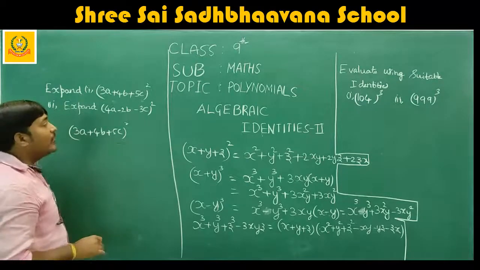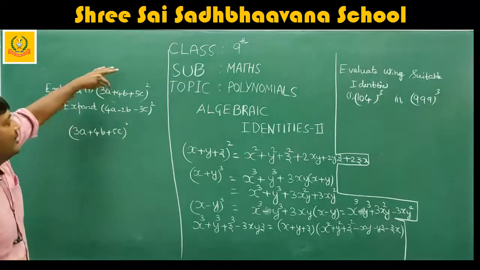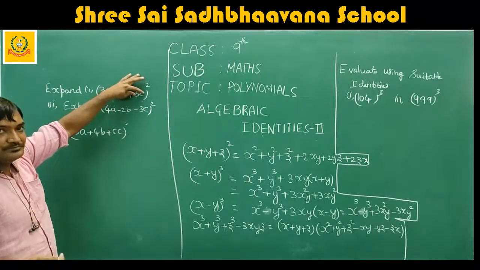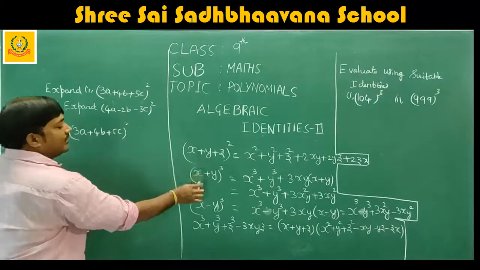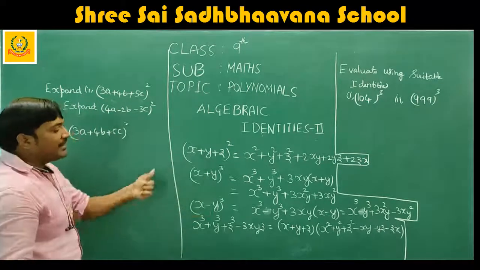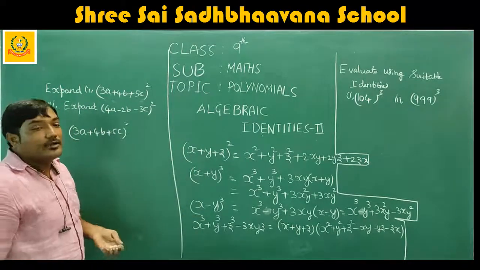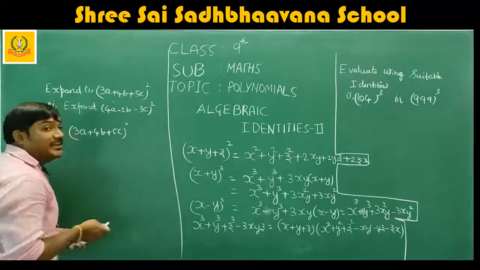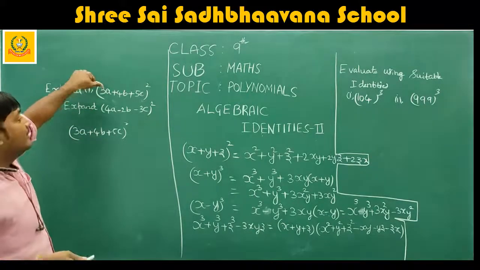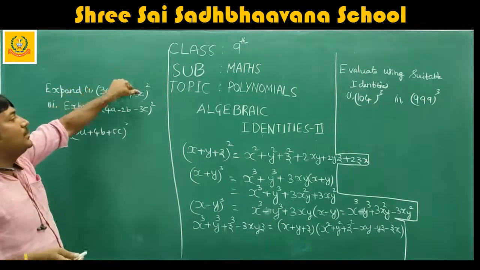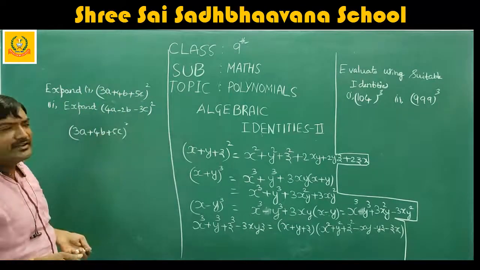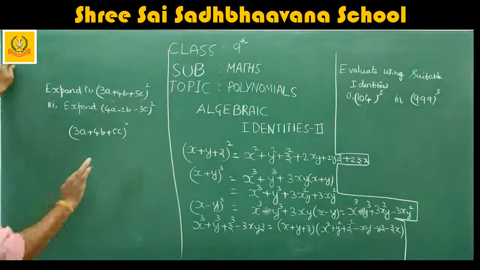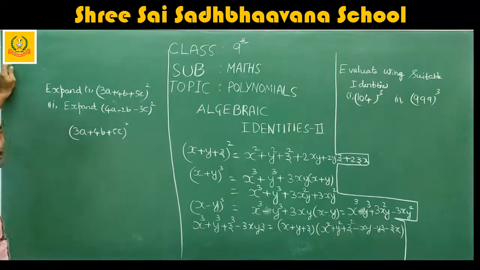Here it is squared, and there are three terms. Among the remaining identities we have, only in this identity do we have three terms. So we can relate this with this identity.